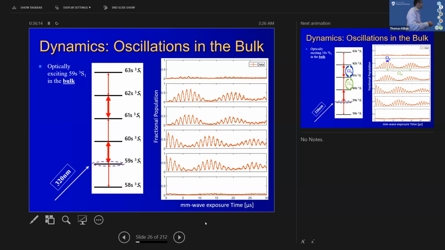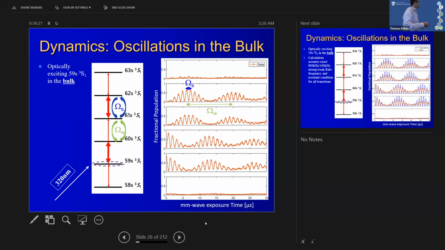And then as time goes by on the microsecond time scale, there's fast oscillation between the 59S and the 60S. Get that? So that is the strong tunneling rate or the strong Rabi frequency. So you see oscillations between these strongly linked states.